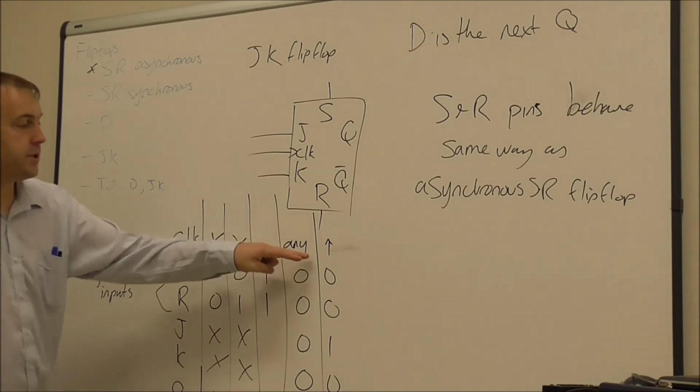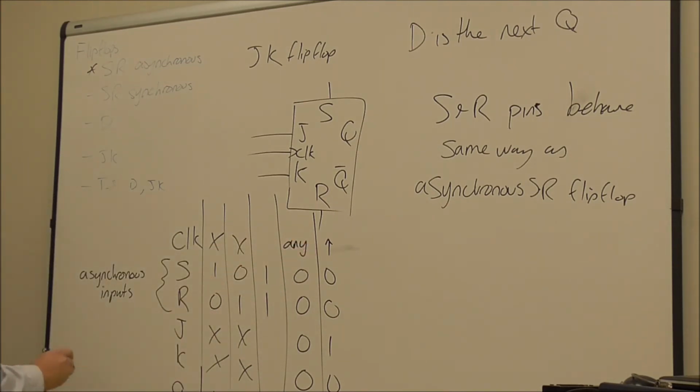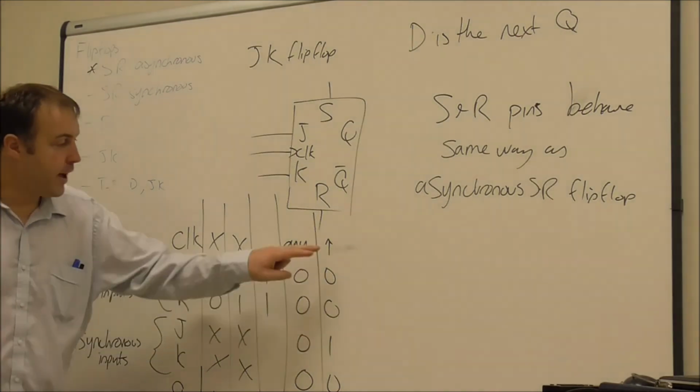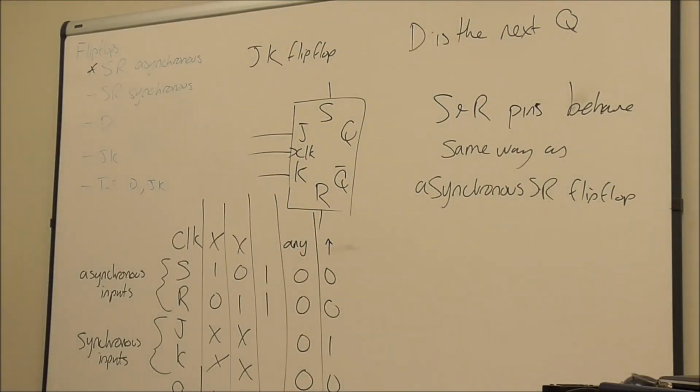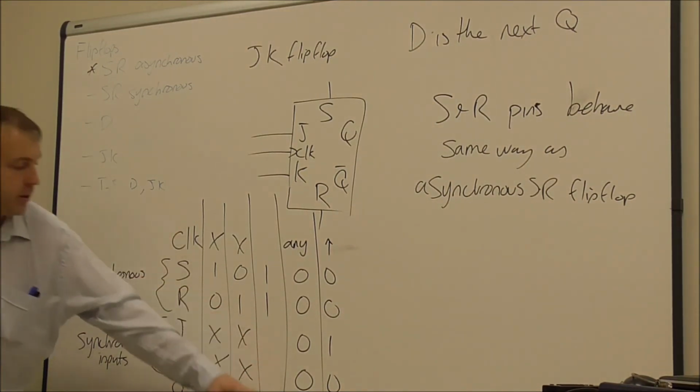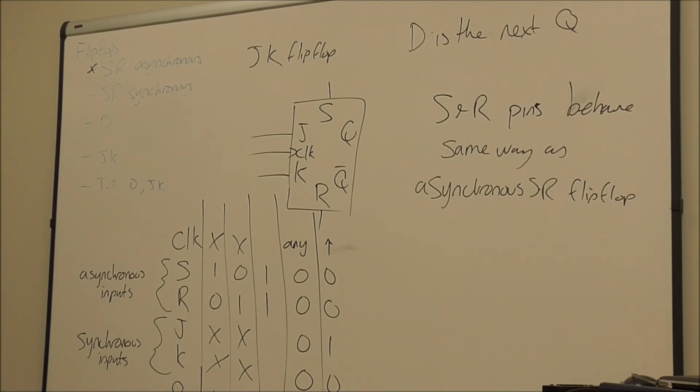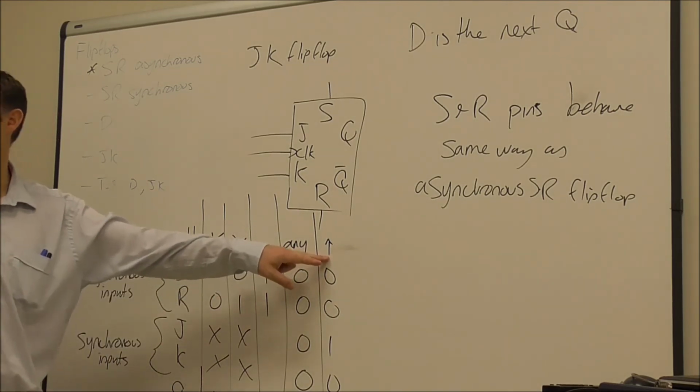Okay? So these are the synchronous inputs here. My synchronous inputs, J and K, rely on the appropriate clock edge being seen. Otherwise, it doesn't do anything. It doesn't change. If it sees anything other than a rising clock edge, no change.